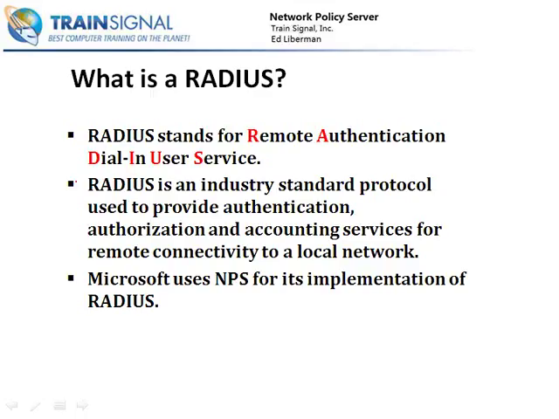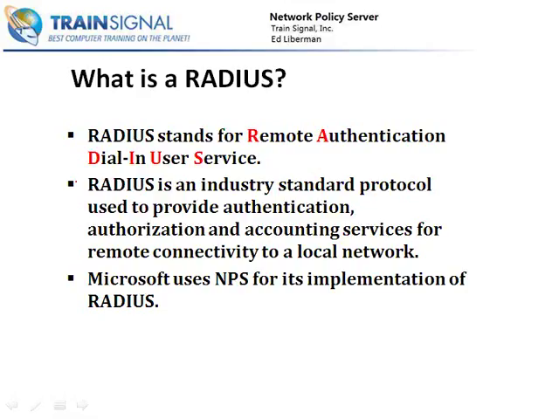Radius is an industry standard, and it's used to provide authentication, authorization, and accounting services for remote connectivity to a local network. So basically, Radius can be used to help control who can gain access to your network. It can put certain stipulations that must be met in order to gain access to the network.